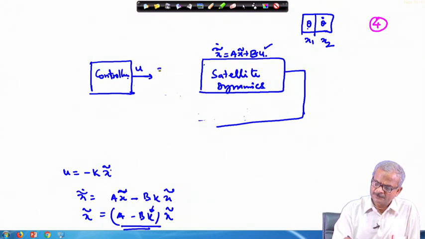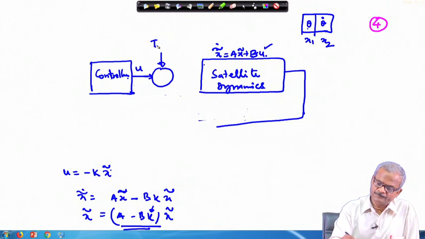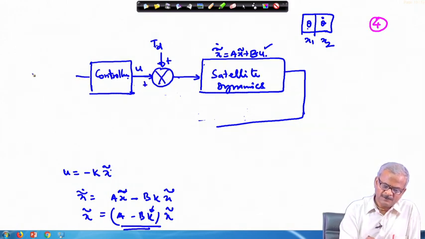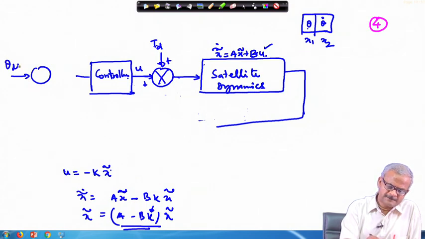To this u the disturbance will be added: torque due to T disturbance, plus plus. And here you have the reference value theta desired. You want to achieve a certain value of theta.